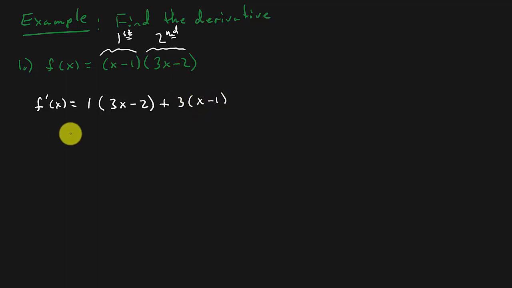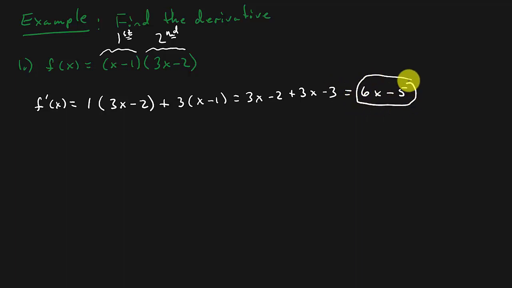And then we just need to clear the parentheses, so that's 3x minus 2 plus 3x minus 3, which is 6x minus 5. And that would be your derivative. So you can see it's not difficult to do. You just gotta follow those properties.